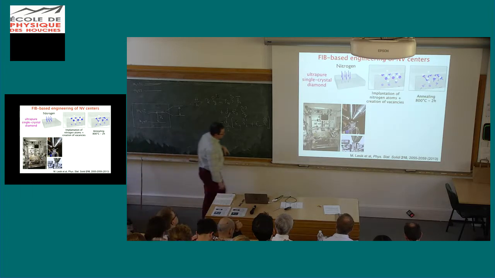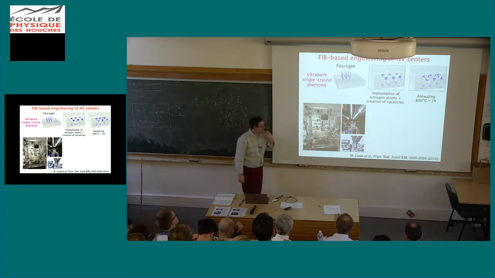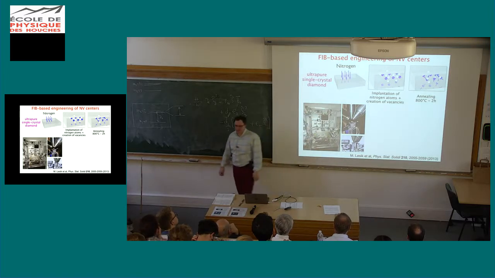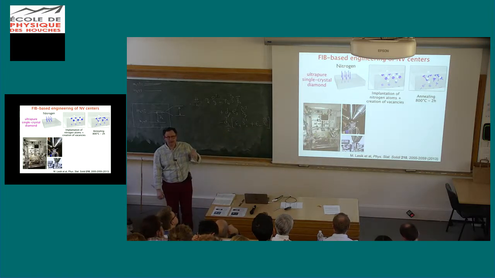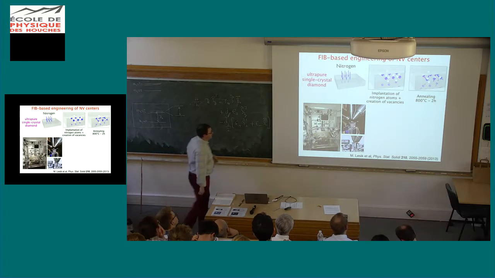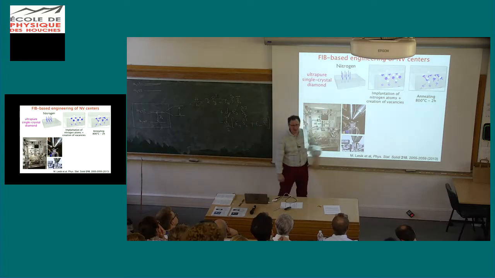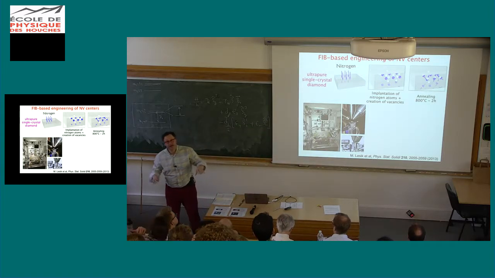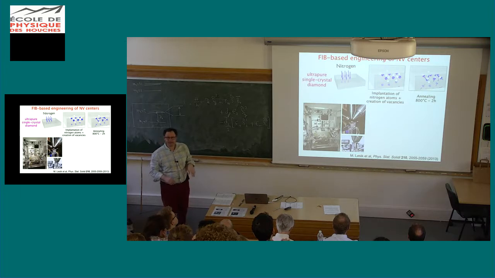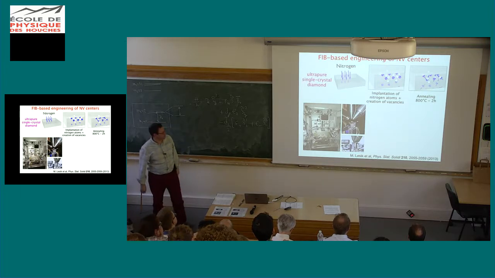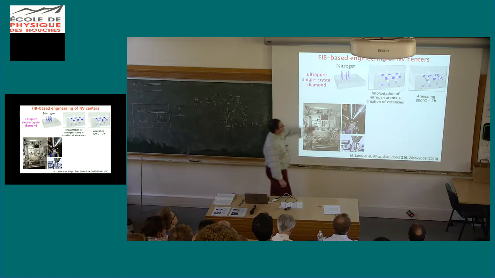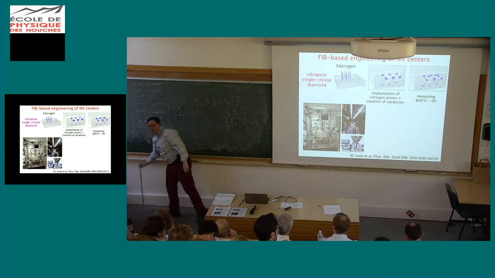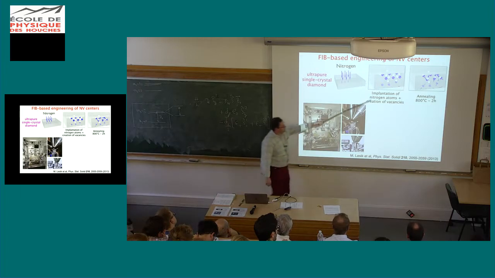And this is, for instance, a system that we developed in our group where we have a FIB machine, so it's a focused ion beam. We are able, like that, to implant, for instance, pure nitrogen impurities. So we start with a crystal, which is a perfect diamond crystal, with no impurity at all. We can shoot nitrogen atoms at specific locations in the crystal. And when the nitrogen impurities enter the lattice, at the same time, you will create vacancies.